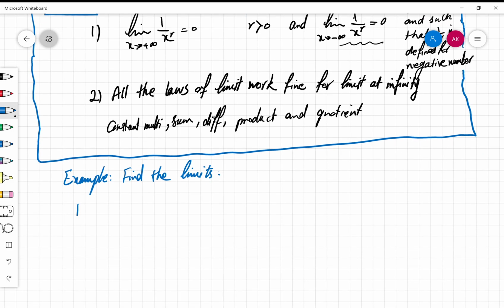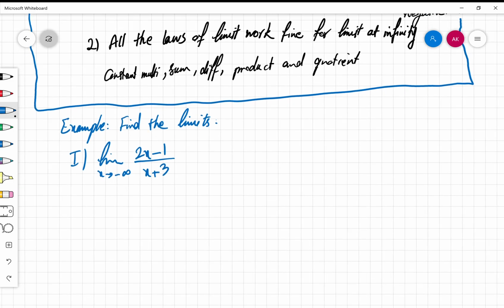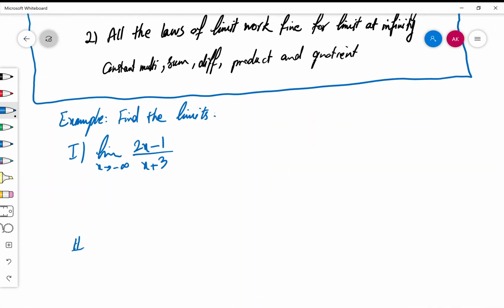Okay, first, limit of 2x minus 1 over x plus 3 as x goes to negative infinity, and limit of x squared minus 2x plus 4 over x cubed plus 3 as x goes to plus infinity.